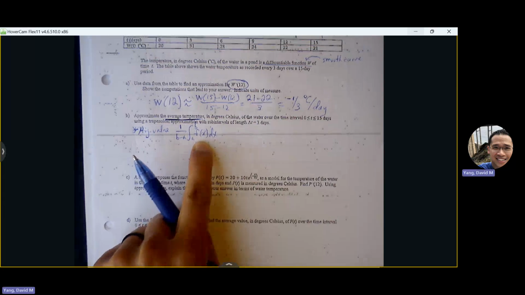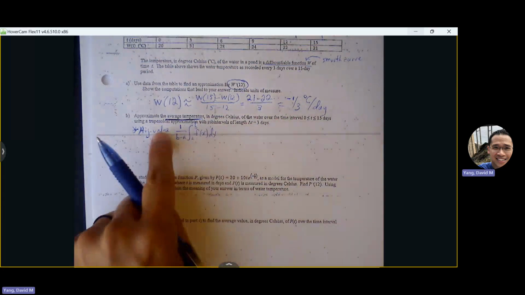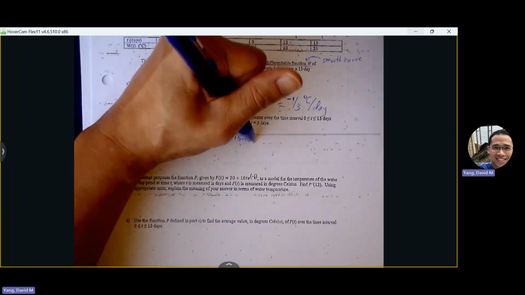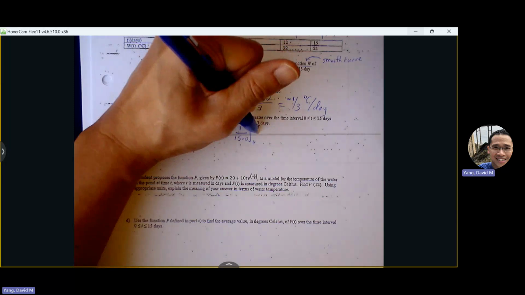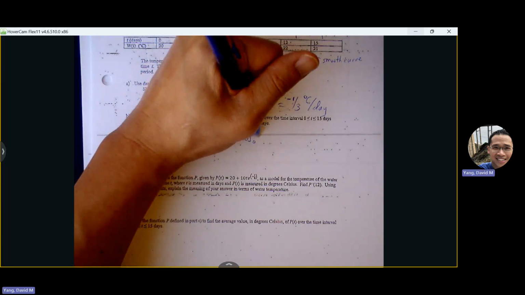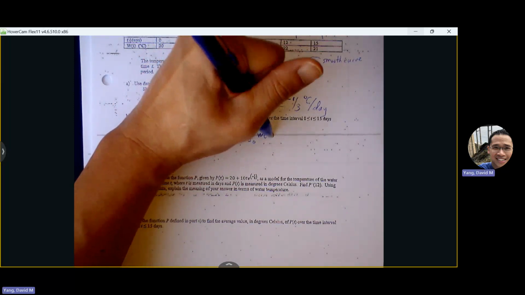But for us, we're going to accumulate, it says using trapezoids. So let's do that. 1 over 15 minus 0, integral from 0 to 15 of w of t dt.